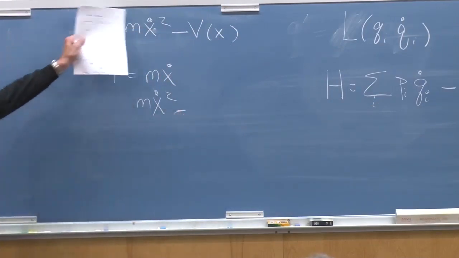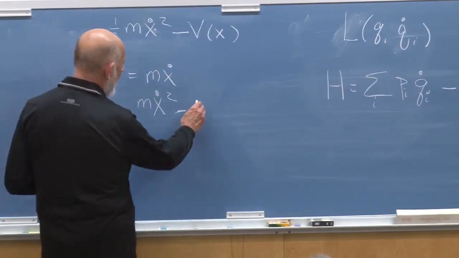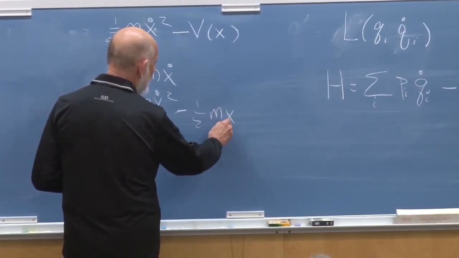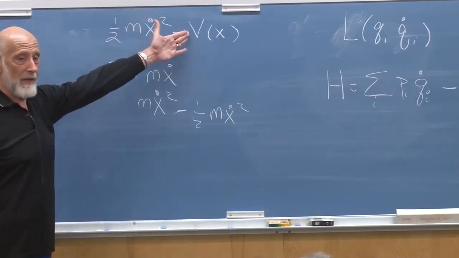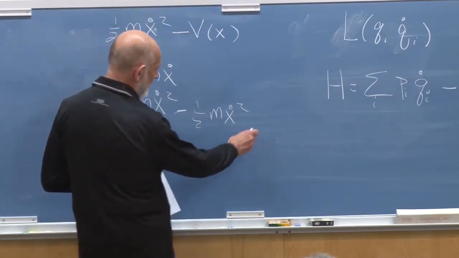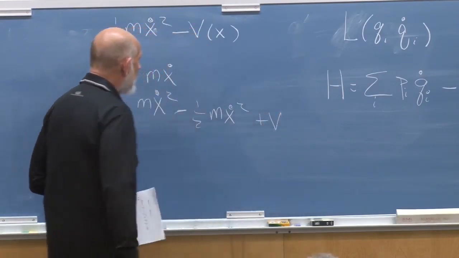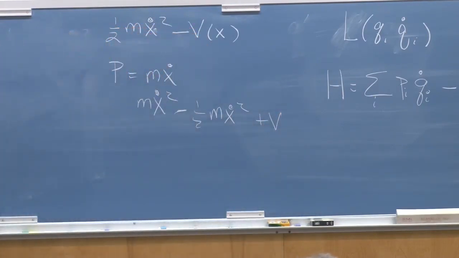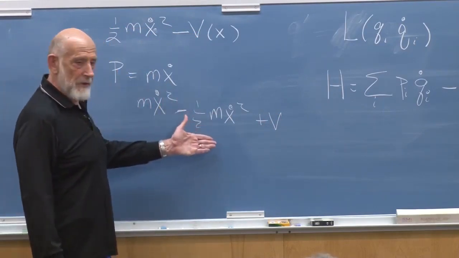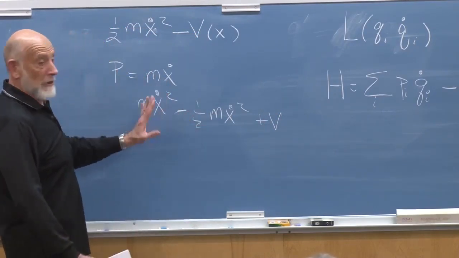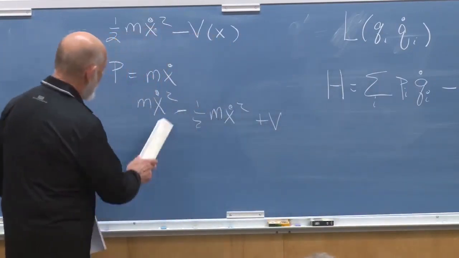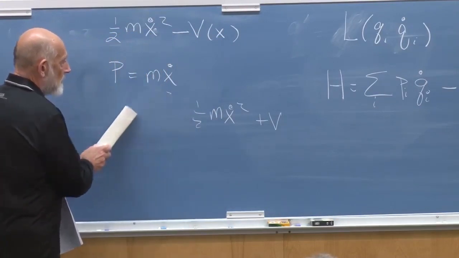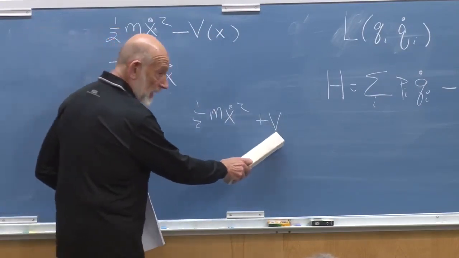So minus 1/2 m x dot squared, and then minus V, or plus V, two minus signs giving you a plus sign. Okay, the m x dot squared and the minus 1/2 m x dot squared just give you plus half m x dot squared. So what do you get? You get the sum of kinetic energy plus potential energy.